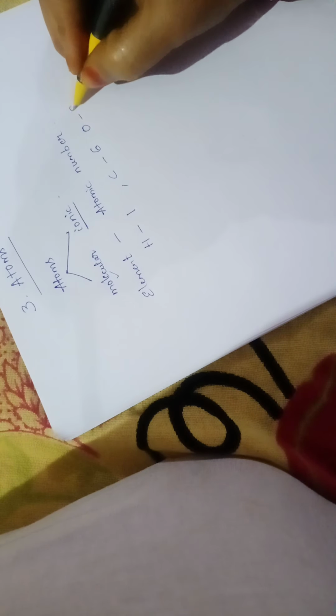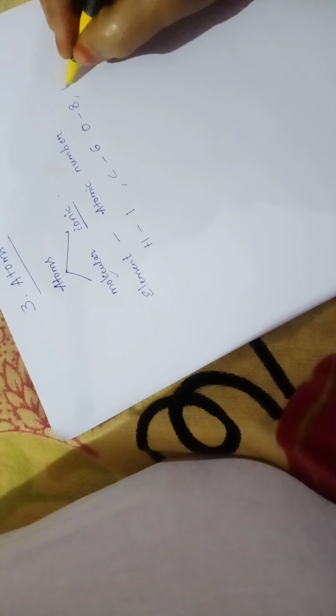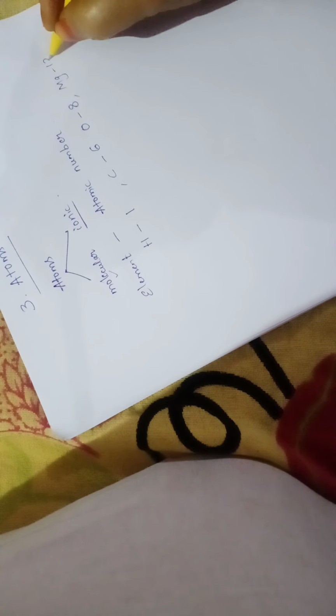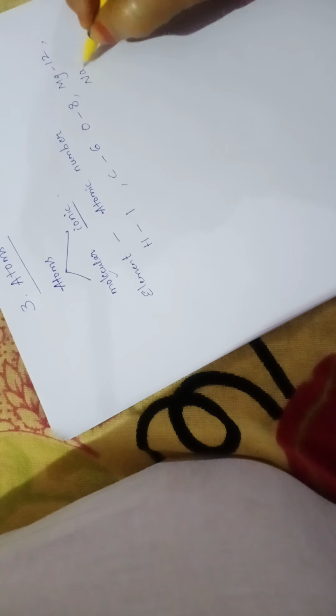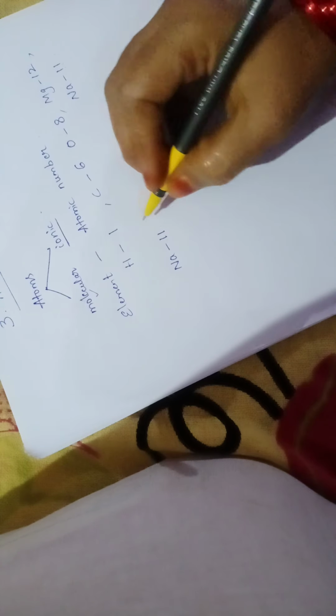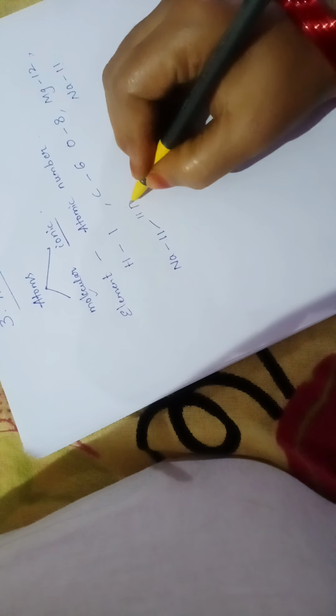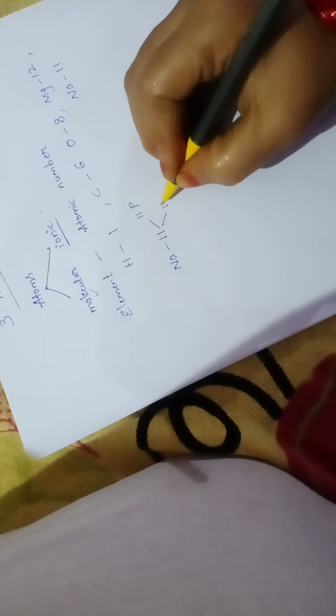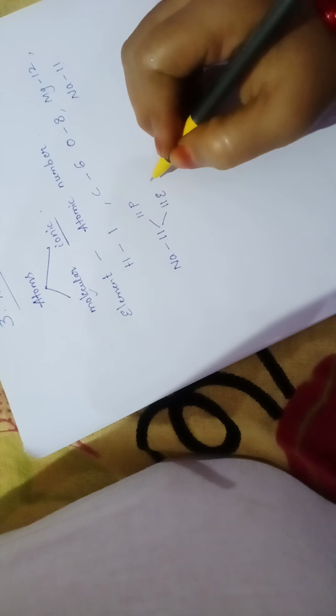Oxygen, its atomic number is 8. Magnesium, its atomic number is 12. Sodium, its atomic number is 11. Atomic number indicates that it has that many protons and that many electrons. For example, sodium, its atomic number is 11, means it has 11 protons and 11 electrons.